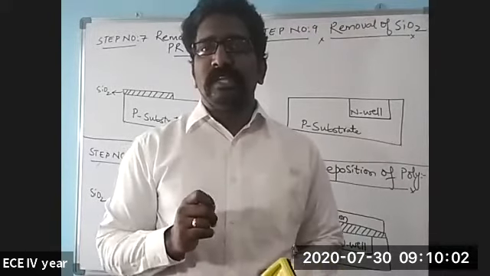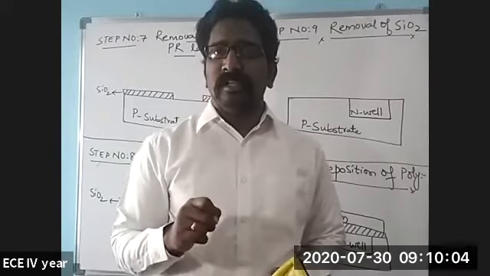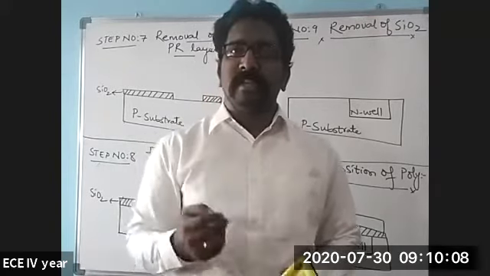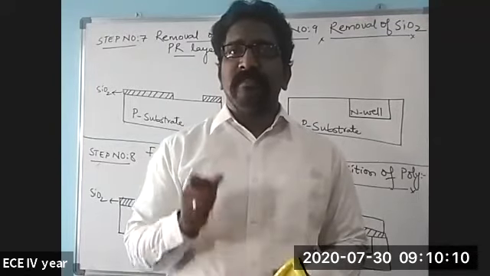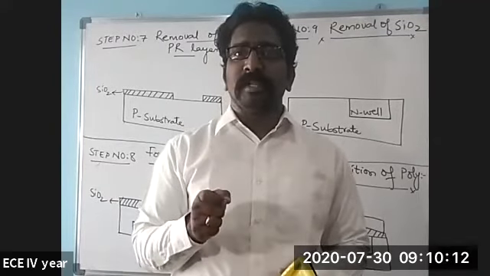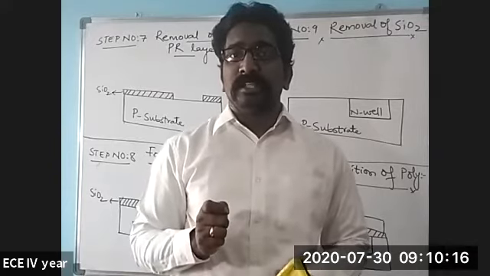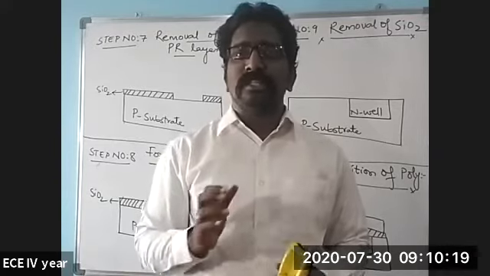The reason is that polysilicon can sustain temperatures much greater than 8,000 degrees Celsius. Even if you subject the wafer to a temperature of 8,000 degrees Celsius, the polysilicon can sustain. Why are we talking about the sustaining of the polysilicon?